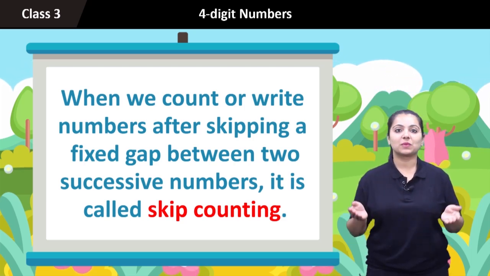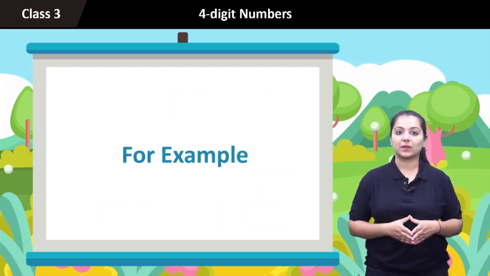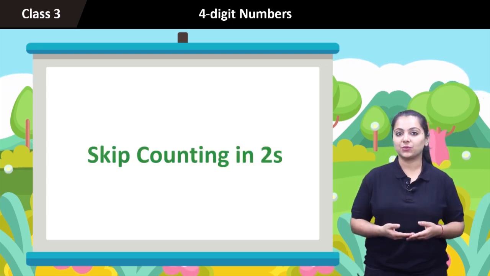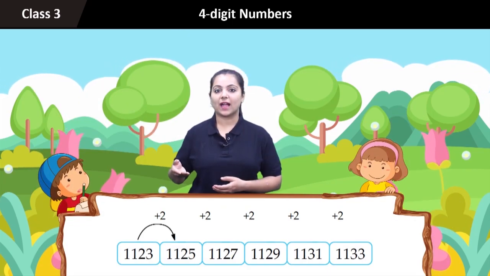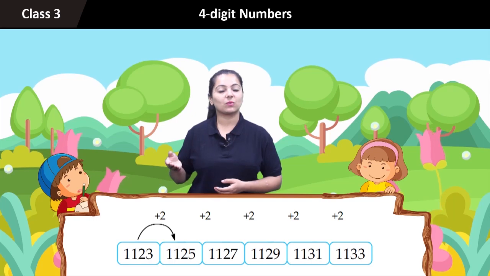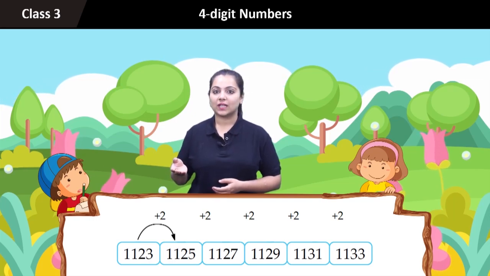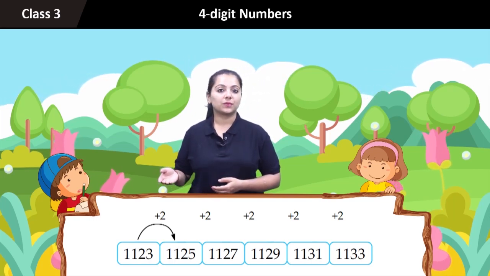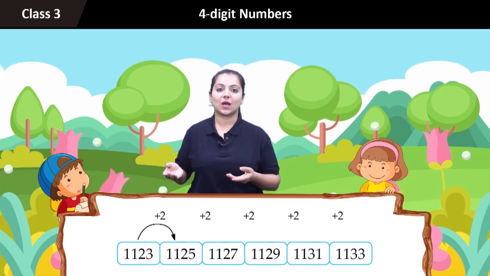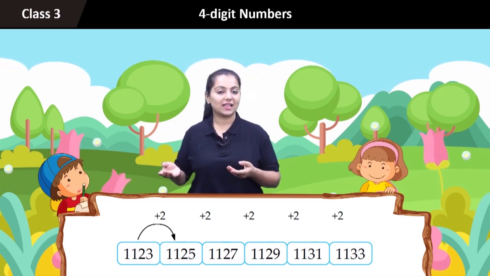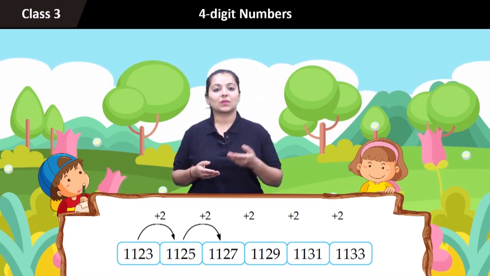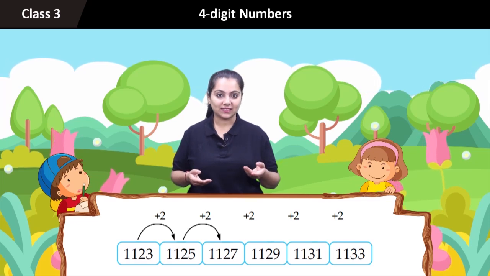Skip counting. When we count or write numbers after skipping a fixed gap between two successive numbers, it is called skip counting. For example, skip counting in twos. Now the number we have is 1123. Now we'll add 2. Now it will become 1125. Again add 2, 1127.